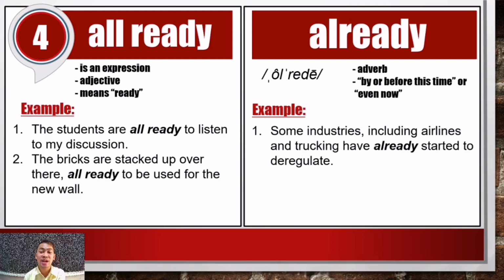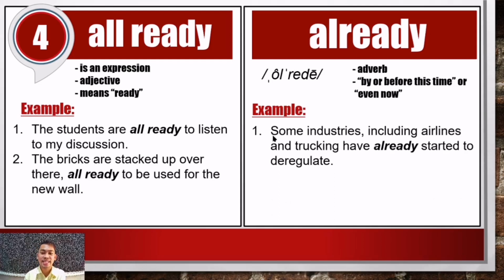As you can see there, the word already is a modifier of the verb have started, and it is located in between the helping verb have and the lexical verb or the principal verb started. It means that it happened already. More often than not, we use the word already to mean a past event.